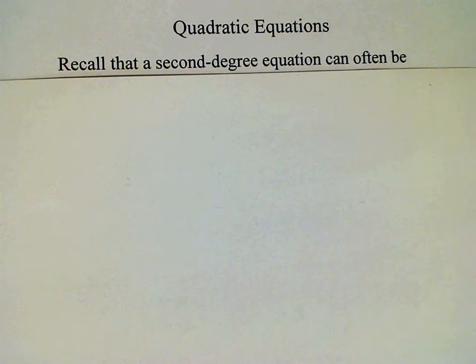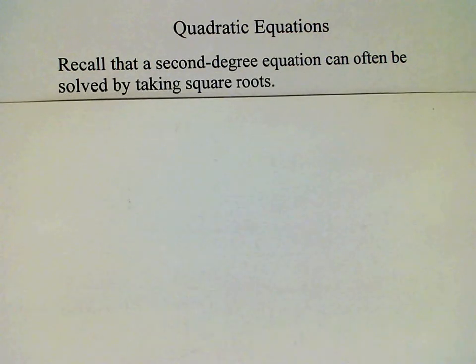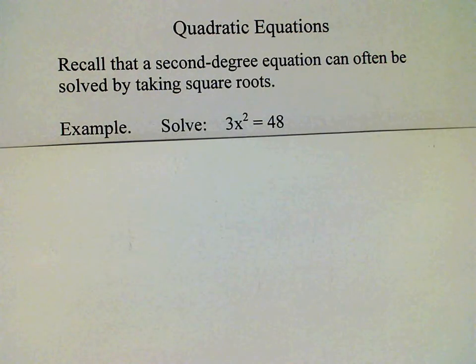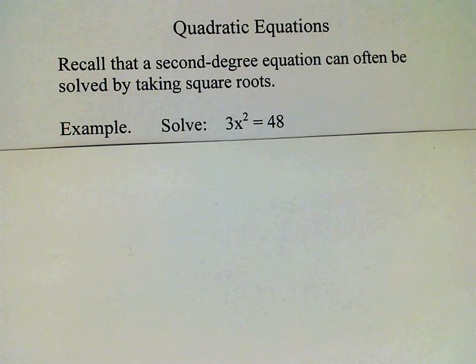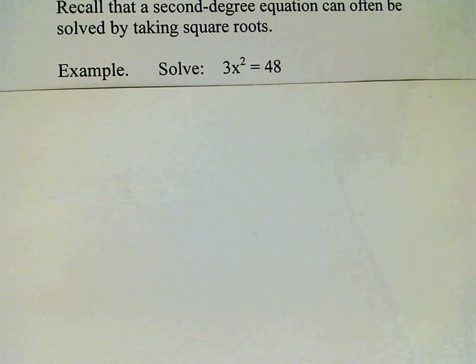Remember that a second degree equation can often be solved by taking square roots. So just for a review, let's look at this example here. We have 3x squared equals 48.